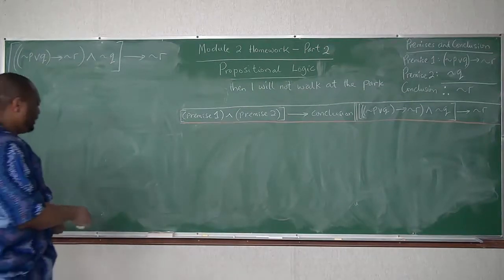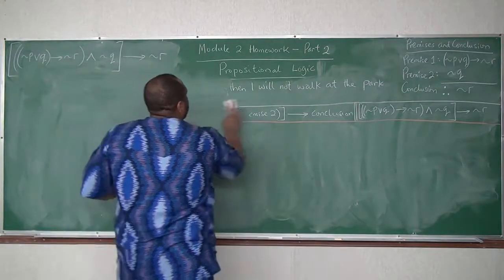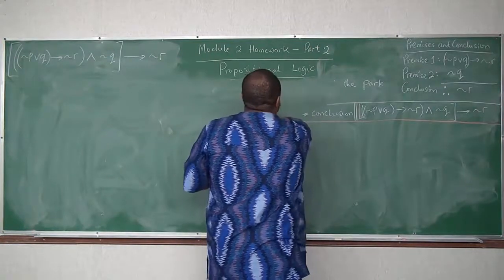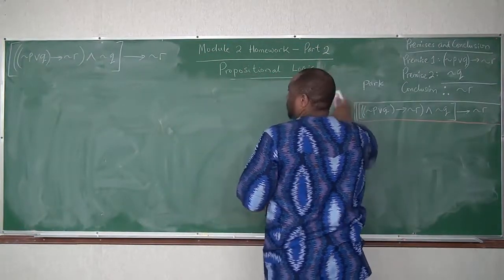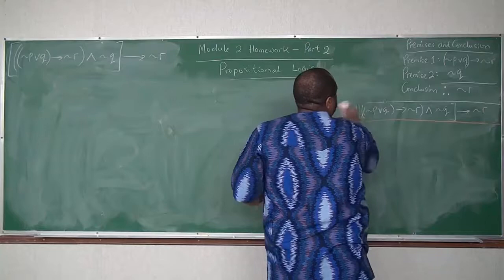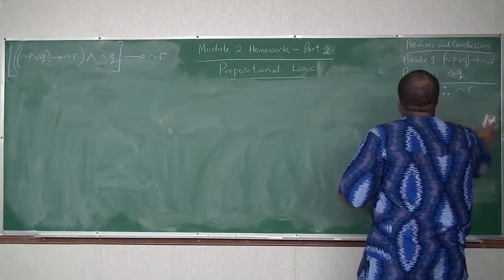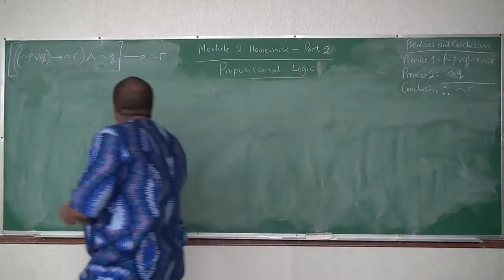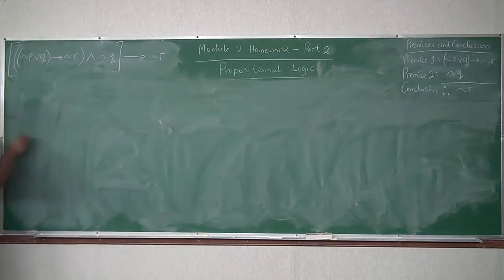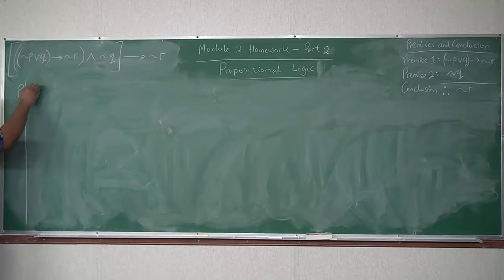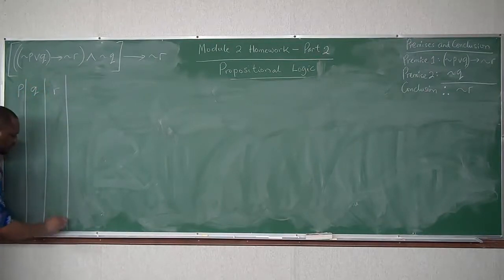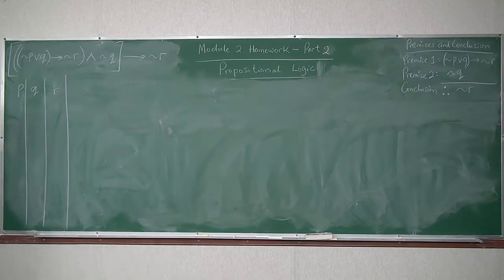So let's draw the truth table for this. We have our P, Q, R. These are the first 3 things we draw, because it's 3 statements.